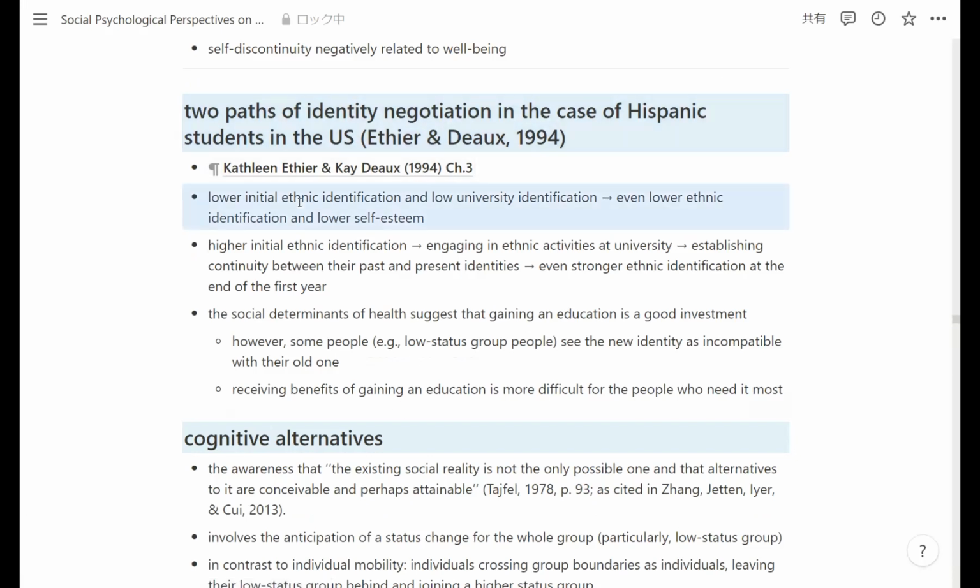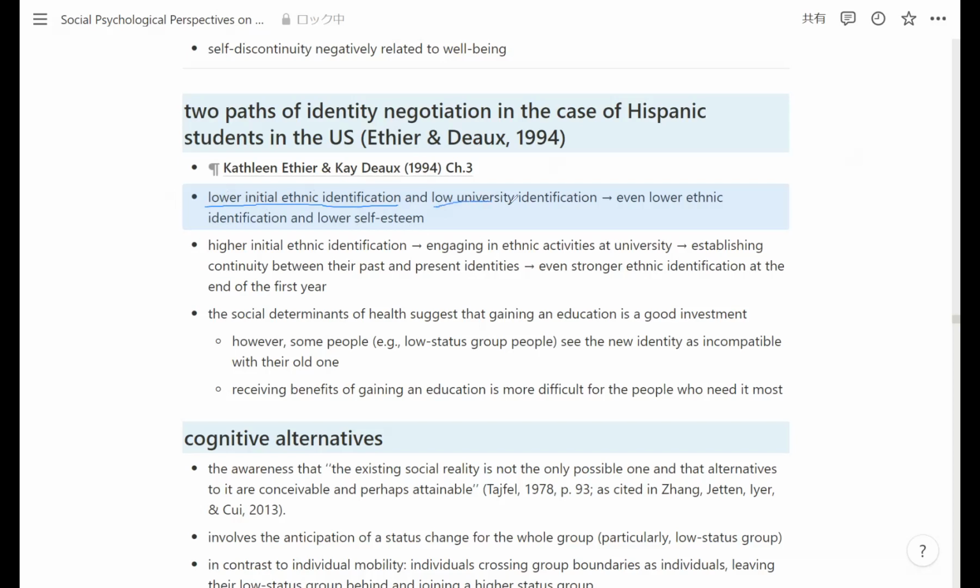So when people have lower initial ethnic identification, they are likely to have low university identification. The initial ethnic identification is more like an individual difference.